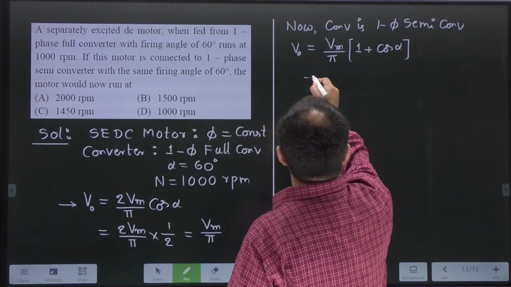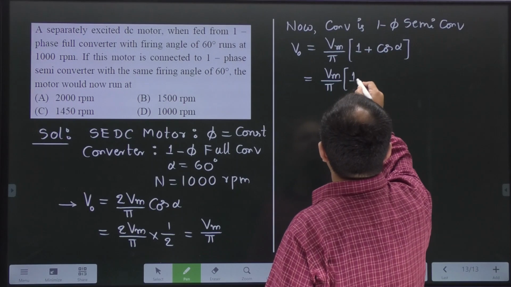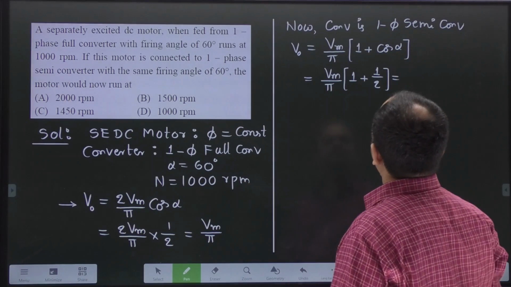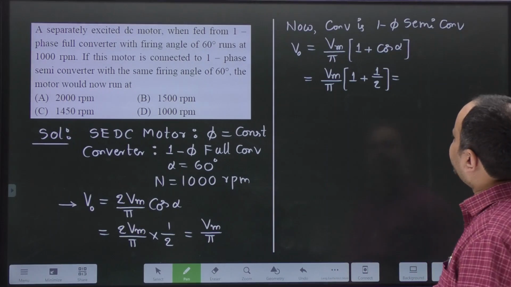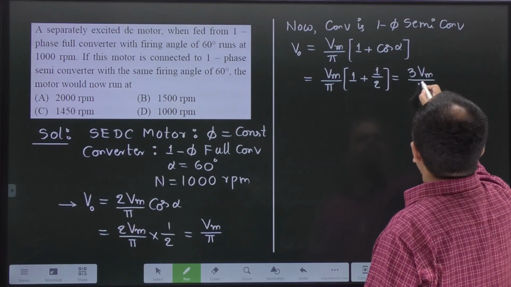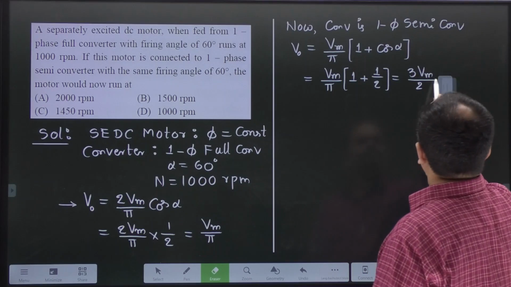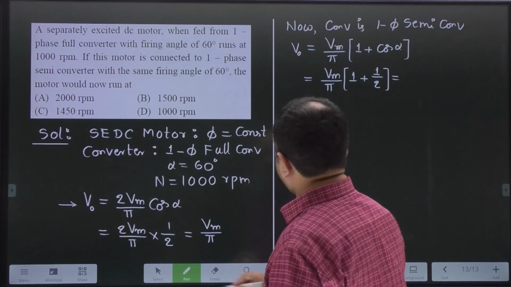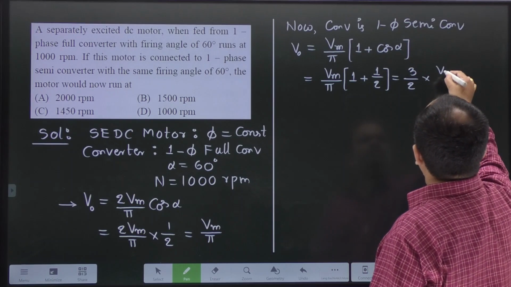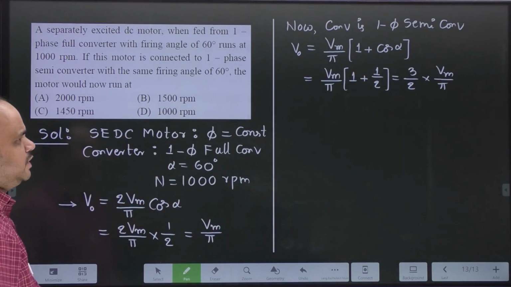When alpha is equal to 60 degree, what could be this value? 1 plus 1 by 2, correct? Cos 60 is 1 by 2. So, this will give you 3 by 2 into Vm by pi.